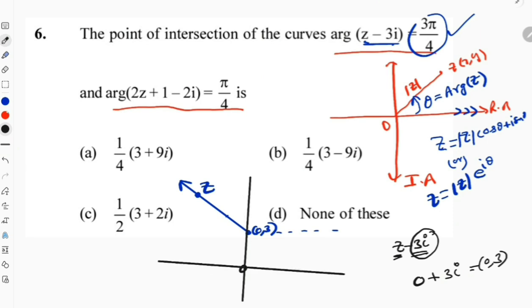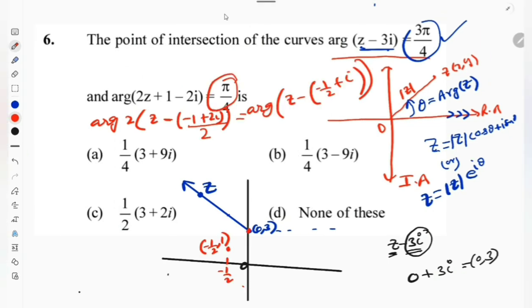Okay, now come to the second. The locus of the first equation is a ray starting from (0, 3) and moving with an angle 3 pi by 4. Coming to the second one, if you take 2 common, it will be argument of 2 times (z minus the constant point).